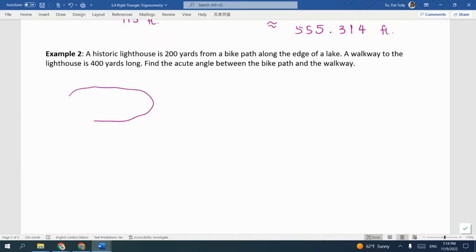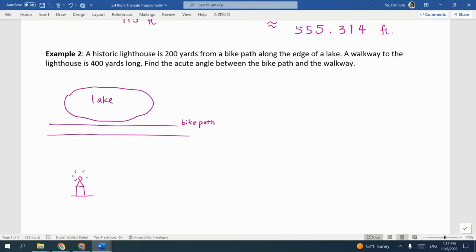We have the lake right here. So here we have the bike path, okay, and then the lighthouse. How do you draw a lighthouse? Like that?